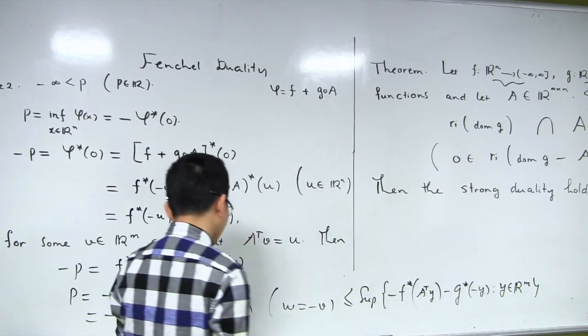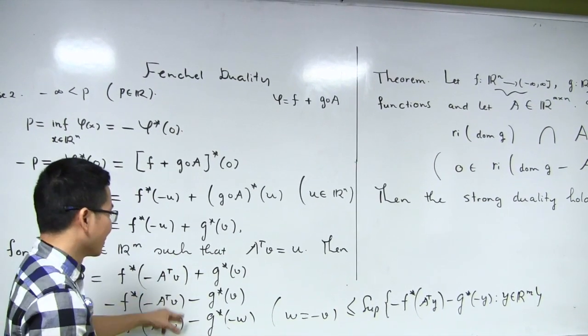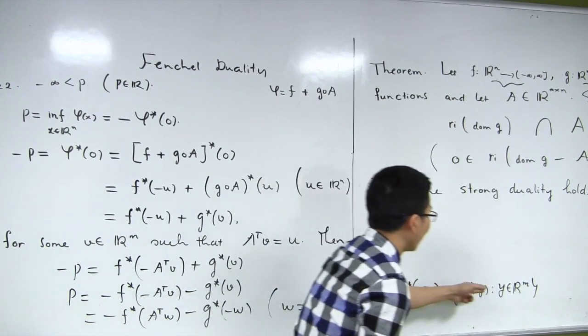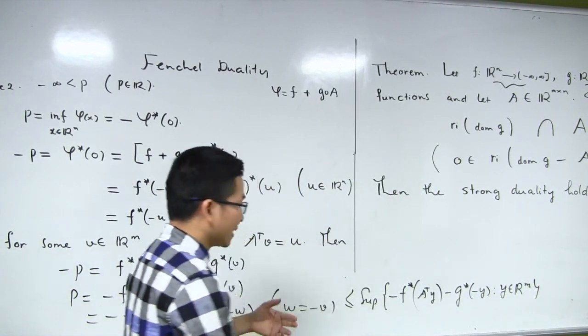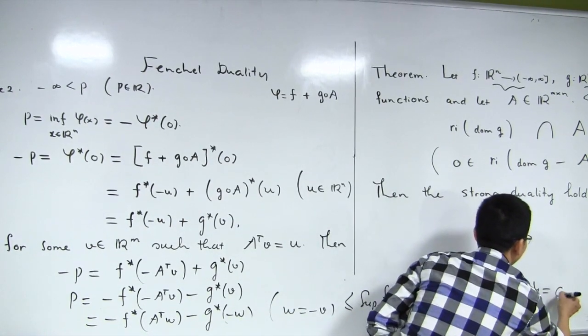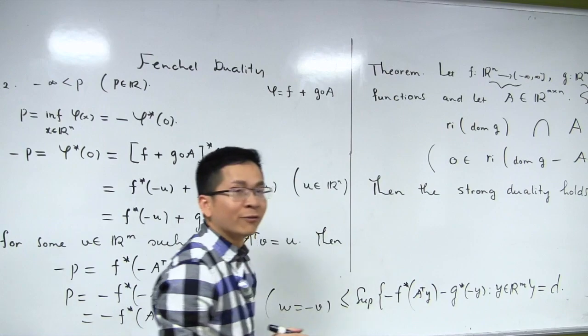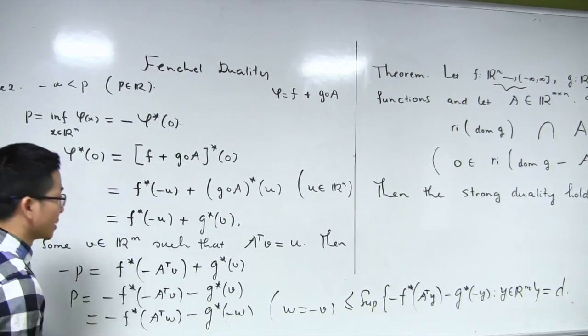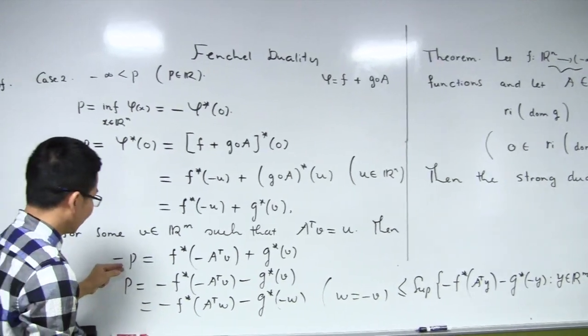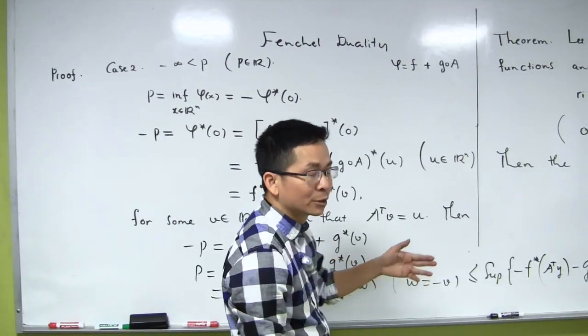Okay, because over here w is one element, and this is the supremum taken over all y in R^m. And by the definition, this is exactly the optimal value of the dual problem D. So we have completed the proof that P is less than or equal to D.